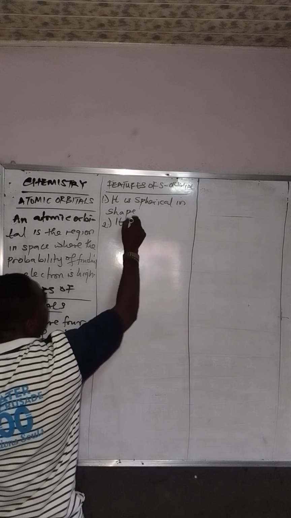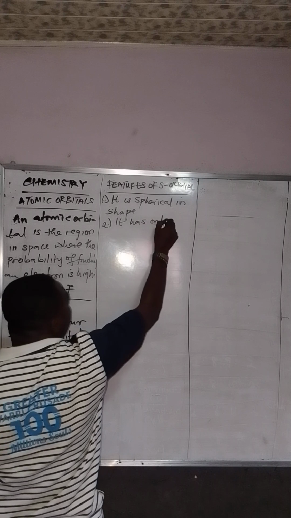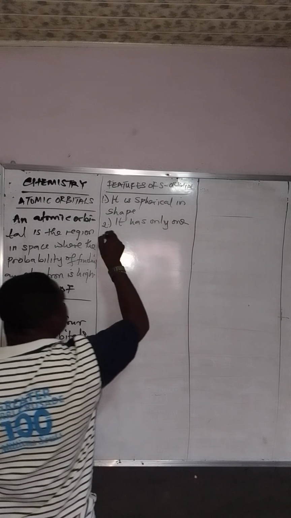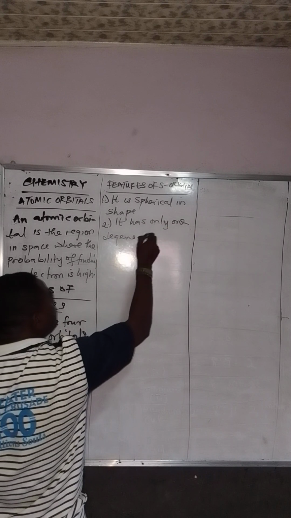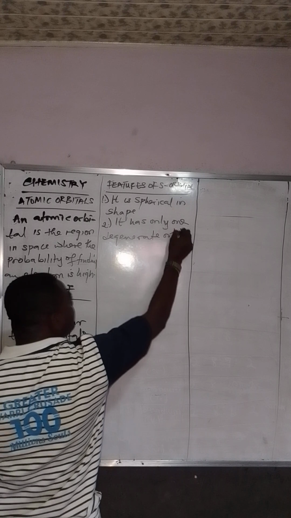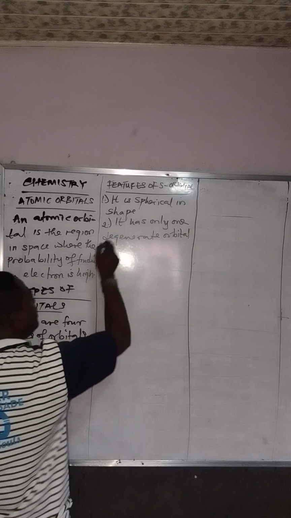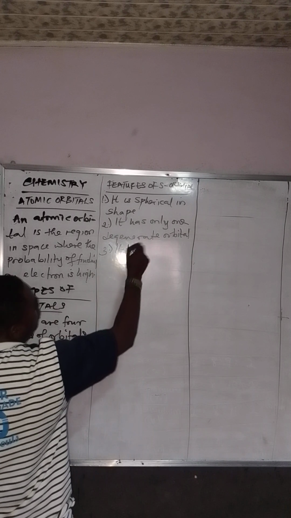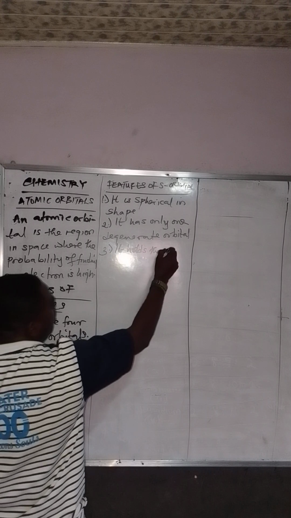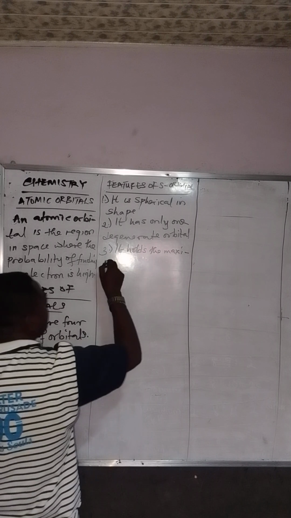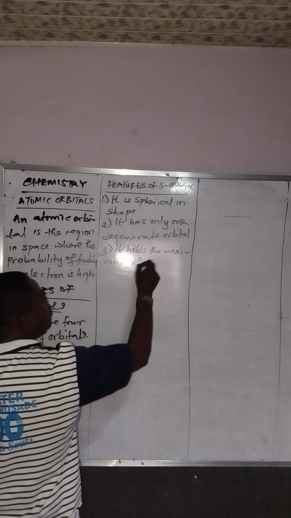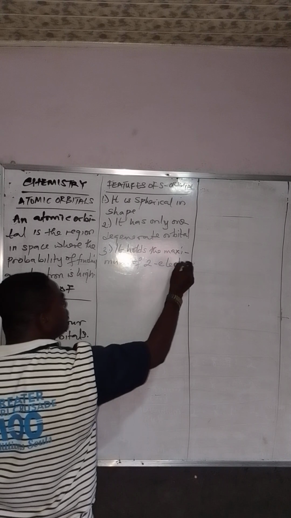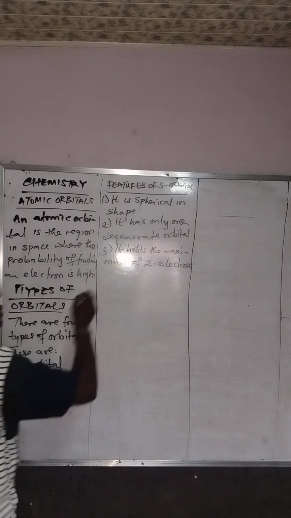Number two, it has only one degenerate orbital. Then number three, it holds the maximum of 2 electrons. It carries a maximum of 2 electrons.